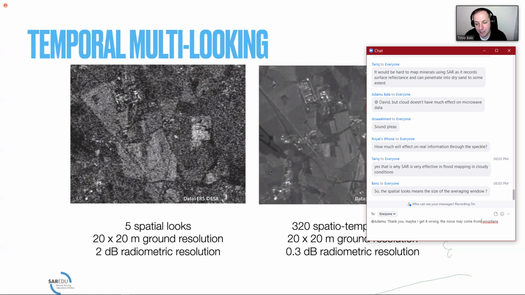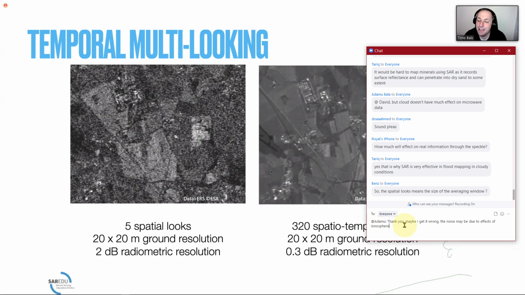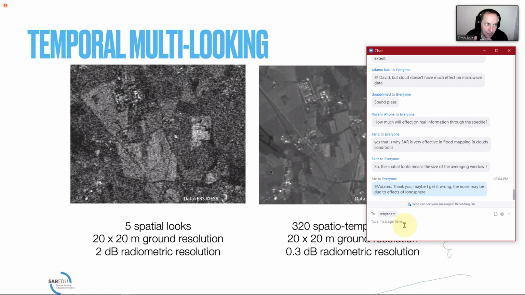What was just a theoretical idea at the time of the ERS sensor is now something you can do practically very easily. So averaging in time is certainly now a useful tool to deal with speckle.